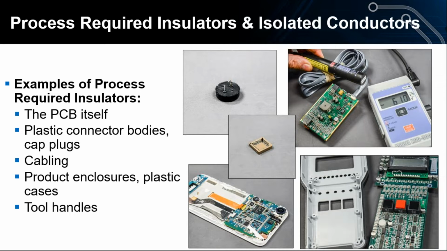So the plastic enclosure is going right on top of the board, and using ionization is important in that case to take the charge off the plastic enclosure. And tool handles. So if you have a tool, whether it's a hand tool or not, if it's an insulative hand tool, then you're going to be risking getting that insulator material near the board.